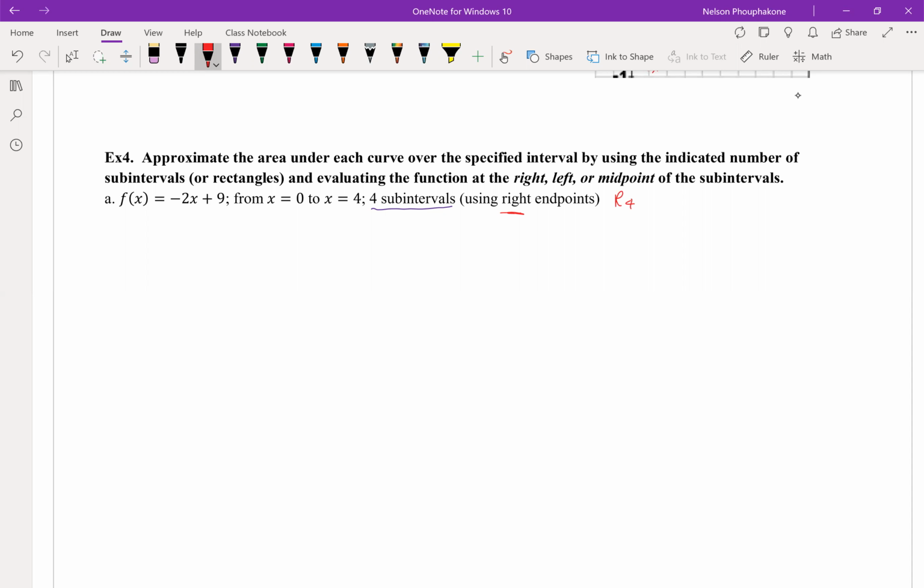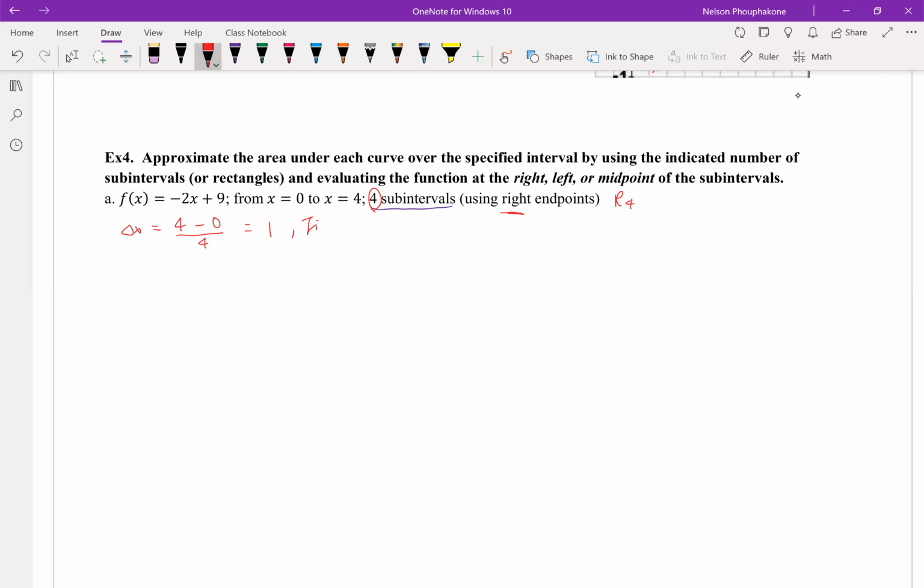The first thing that we would like to do is see what my delta x is. The interval is between x equal to 0 and 4. So my delta x will be 4 minus 0 over 4. In this case, it will be 1. 1 is my delta x.